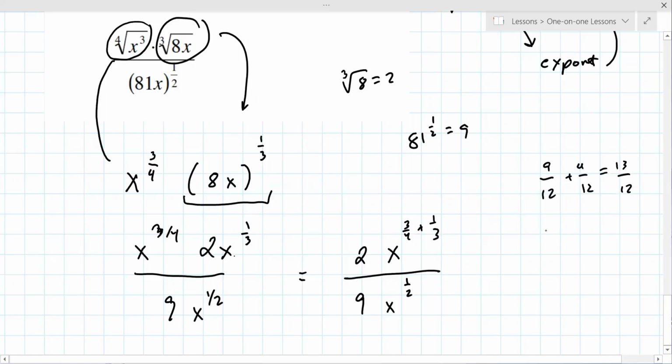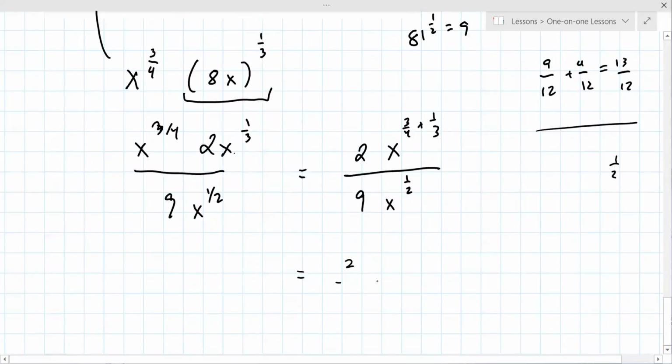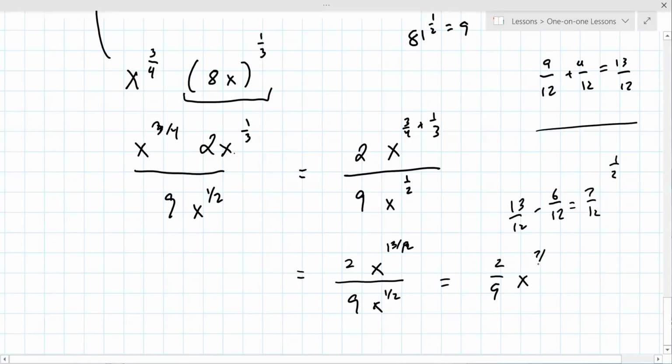And then you're dividing it by x to the 1/2, so you end up subtracting the bottom exponent. This is x to the 13/12. This is x to the 1/2. So for your final answer, you subtract 13/12 minus 6/12, which is 7/12. You get x to the 7/12.